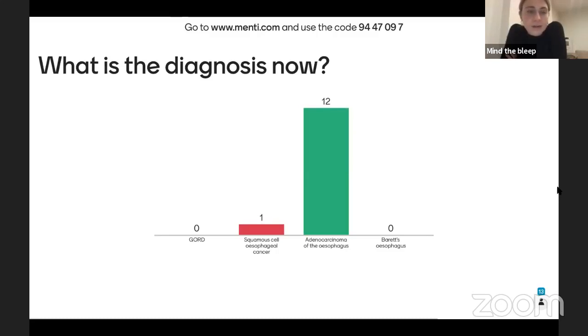Okay, so far, the majority of people said adenocarcinoma of the esophagus, with 1 vote in favor of squamous cell, 1 more vote, squamous cell esophageal cancer.